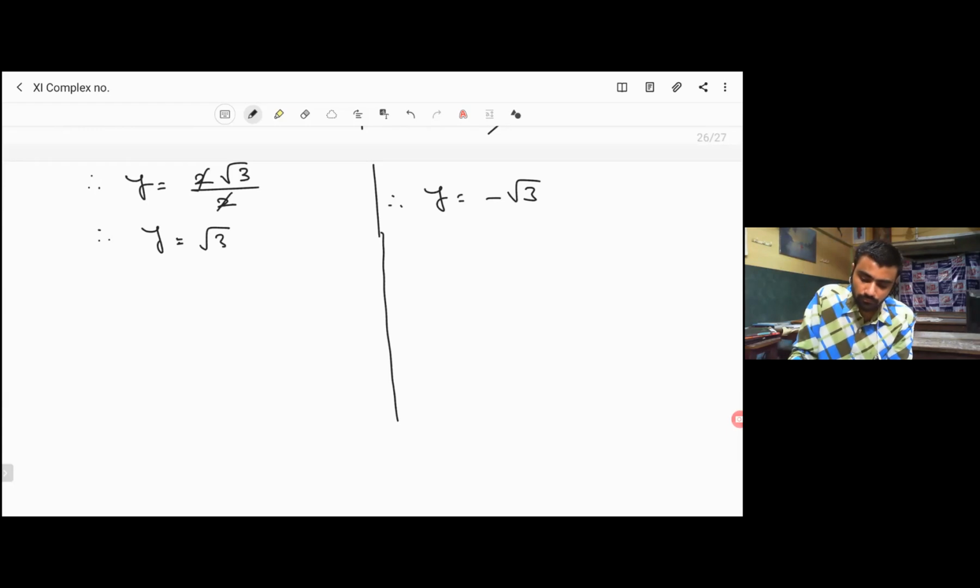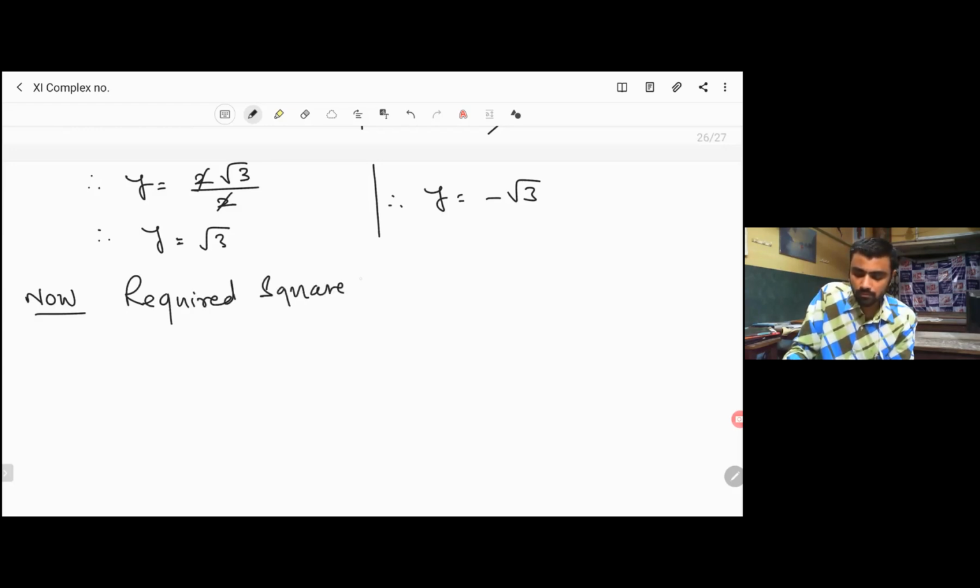So now required square root of which question? Question was 1 plus 4 root 3i.